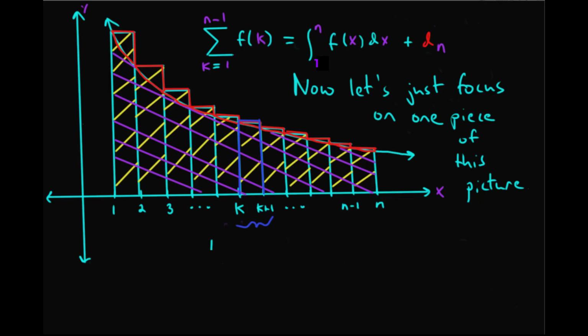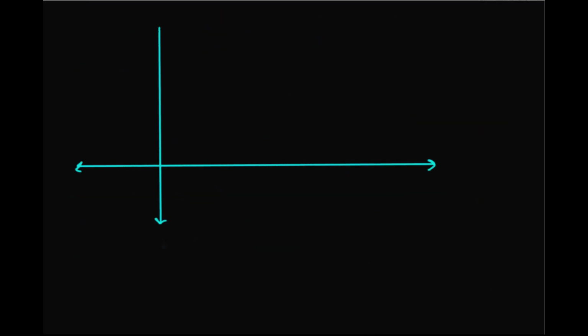Of course, it's a general rectangle based at x equals k. And what I'm particularly interested in is the difference between the area of this one rectangle and the area under the curve y equals f of x from x equals k to x equals k plus 1. So the difference between those two areas is just, of course, this curvilinear wedge, which is a tiny piece of d sub n.